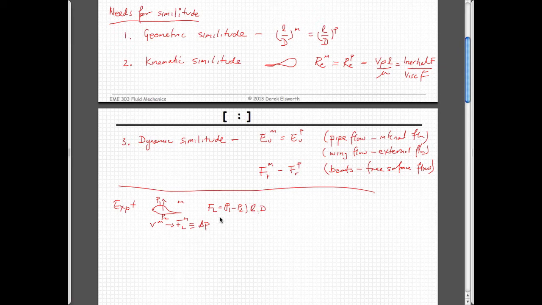So typically in a model you'd measure the force, because it's easy. You could measure the pressure, I guess, but you could always convert that force into a pressure difference, which makes it easier. So you apply a velocity, you measure fluid pressure, and you have those 2 data points.